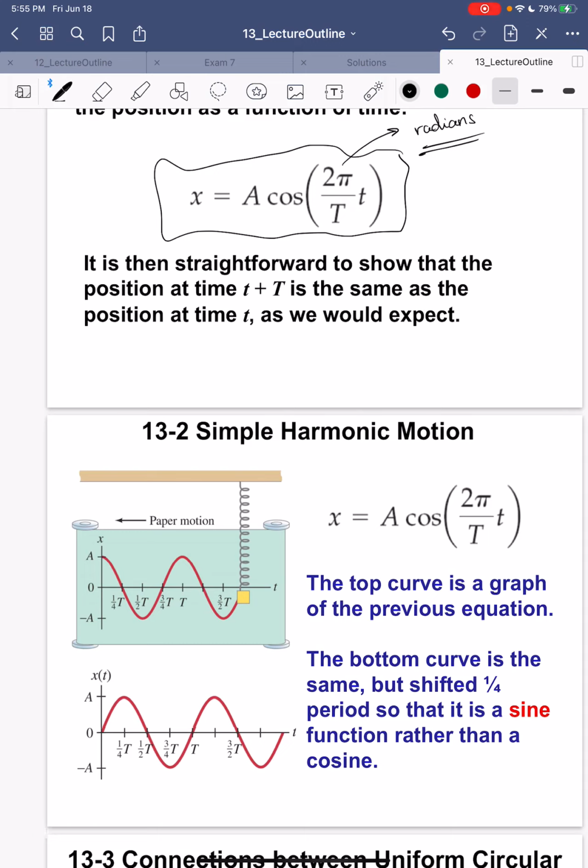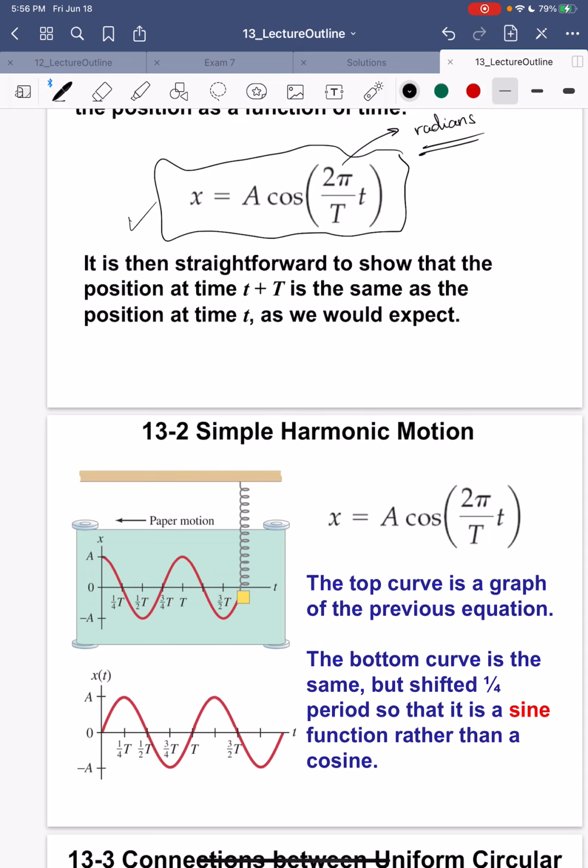Now here, the top curve is the graph of the previous equation, which is this one, and the bottom curve is the same but shifted 1/4 period so that it is a sine function rather than a cosine. By the way, I can represent it either as a sine or a cosine.